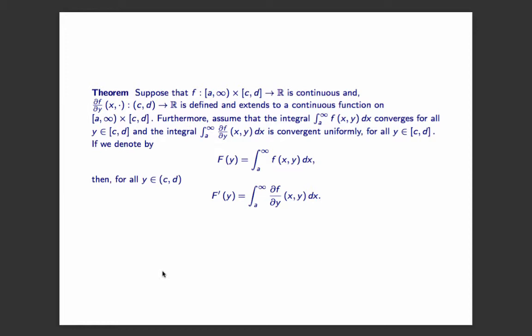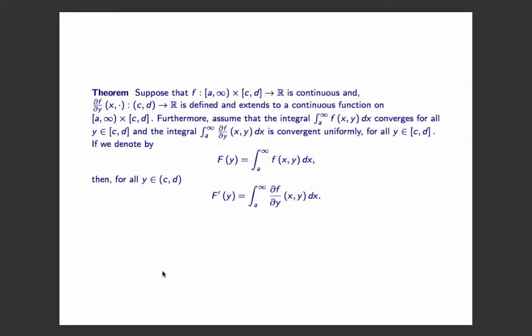Furthermore, assume that the integral from a to infinity of f with respect to x converges for all y, and that the integral from a to infinity of the partial derivative of f converges uniformly for all y, right? Specifically converges uniformly to a function of x for all y.